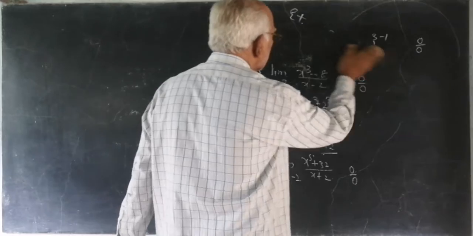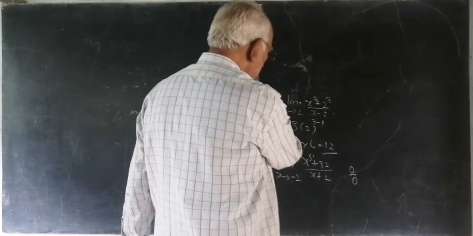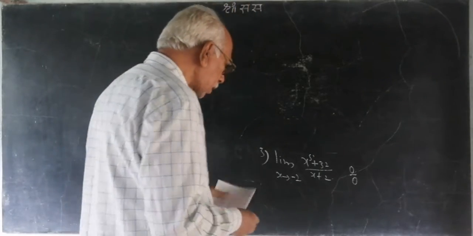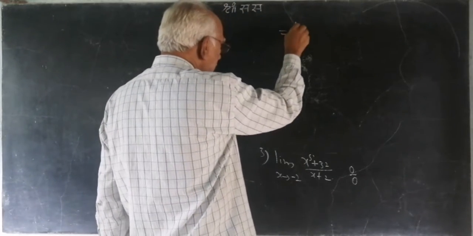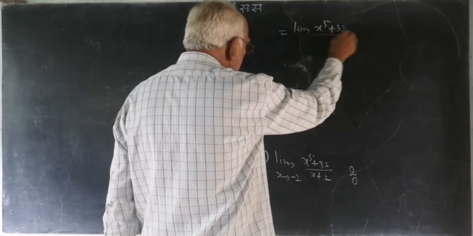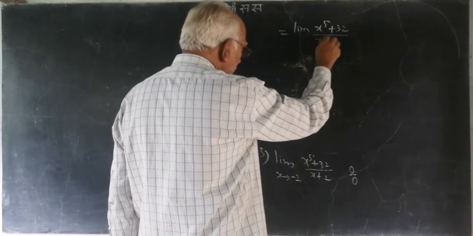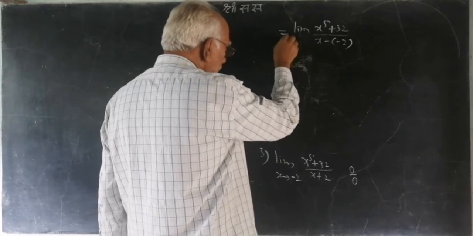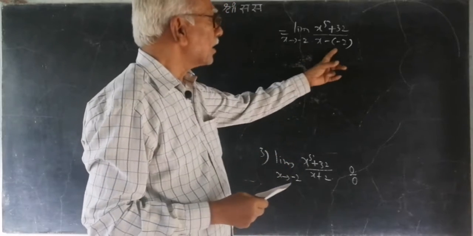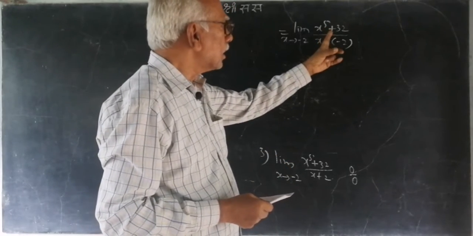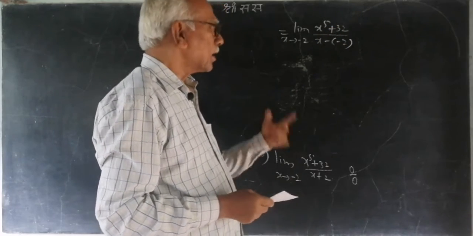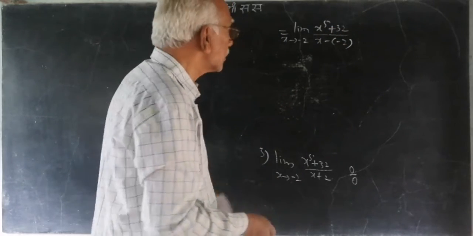If we think of the denominator first, we will understand how to write it down. Limit of x to the power 5 plus 32 divided by, how can we write it, as x tends to minus 2. Now what did we get? We got x minus a, so here also we must get x minus a. How can plus 32 be written? It can be written as minus of minus 32.